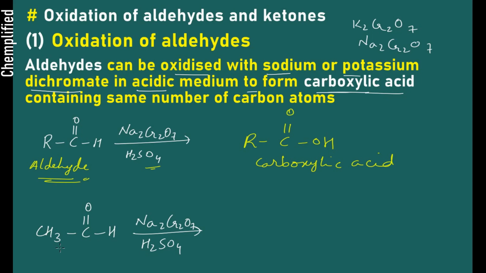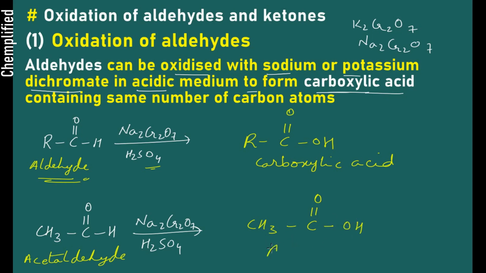Just remember, this is oxidation, not reduction. Similarly, this is the first example, acetaldehyde. Acetaldehyde, when treated with sodium dichromate, we get carboxylic acid. CH3, C double bond O, OH.